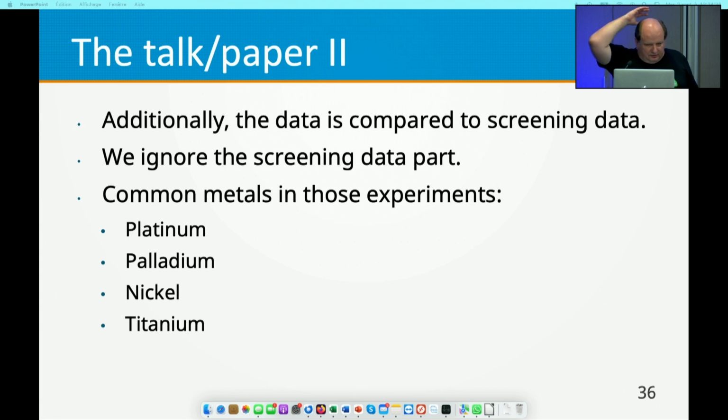The data is also compared to screening data. We ignore that too. But what we want to look at is the common metals in those experiments. And that, at least from my analysis, seem to be platinum, palladium, nickel, titanium. Those were the metals involved in the experimental setup.